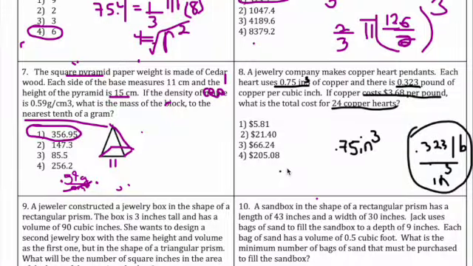So we have 0.323 equals mass over 0.75, pounds per inches cubed, and this is inches cubed.